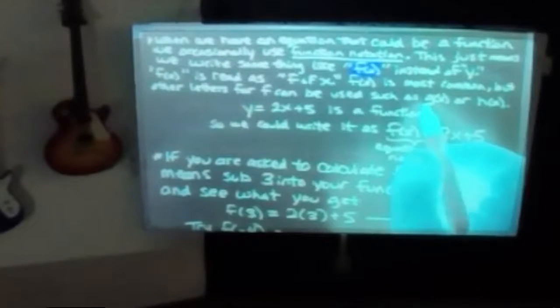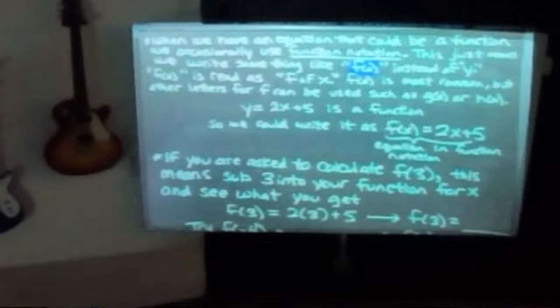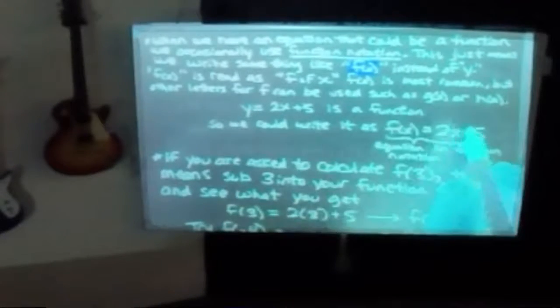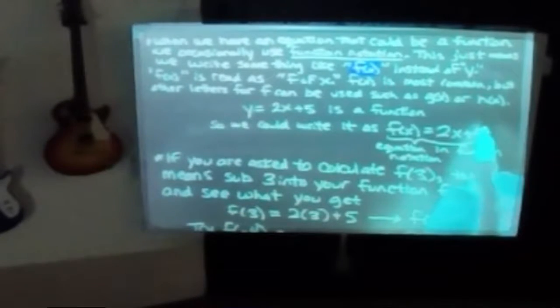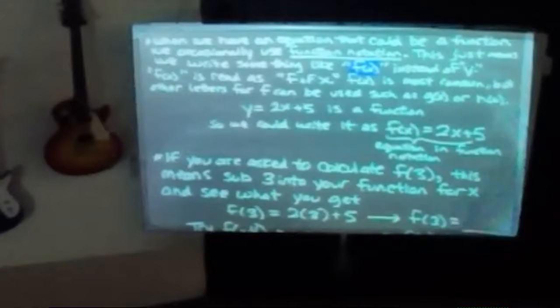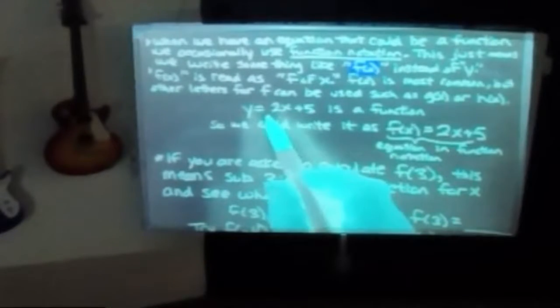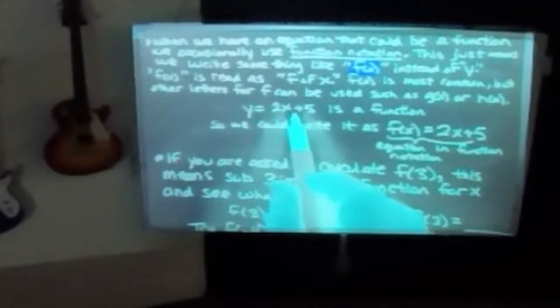F of x is the most common, but that's just because we use f more than anything. We could also say the function is called g of x or h of x. So if you had a whole bunch of different functions, you can give them different names. Like there's my f function, my g function, and my h function. So y equals 2x plus 5 is a function. Why do I know it's a function? The y is on the left, and what's on the right?